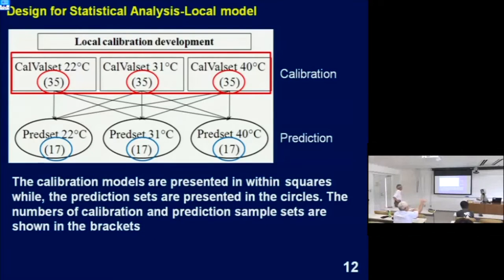You said the same thing three times: calibration in the box, then calibration on the right, then down the bottom. You've also again said calibration in the square. It's built-in redundancy.